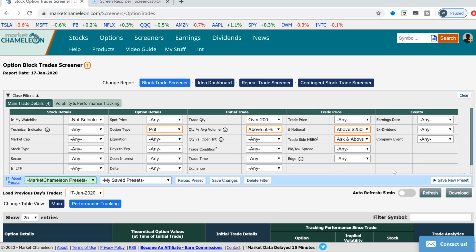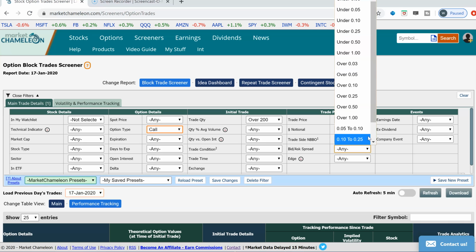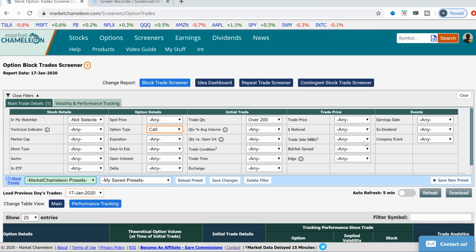Now, let's take a different look. Instead of testing a theory, let's say we're looking for something specific, a call option here. My suspicion is that if it trades on the ask or above, right?